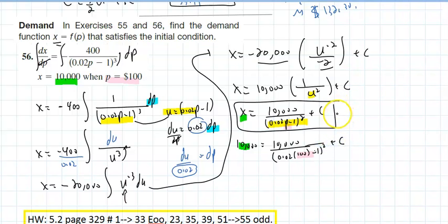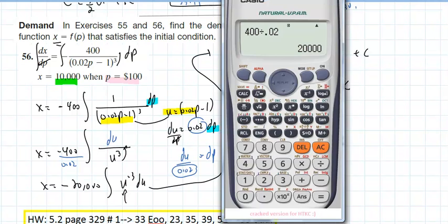So once I solve for c, I plug it in there and I'm done. And I'm going to use my calculator for that. Wouldn't you say c equals the 10,000 minus this mess? So I could put that in my calculator one shot.